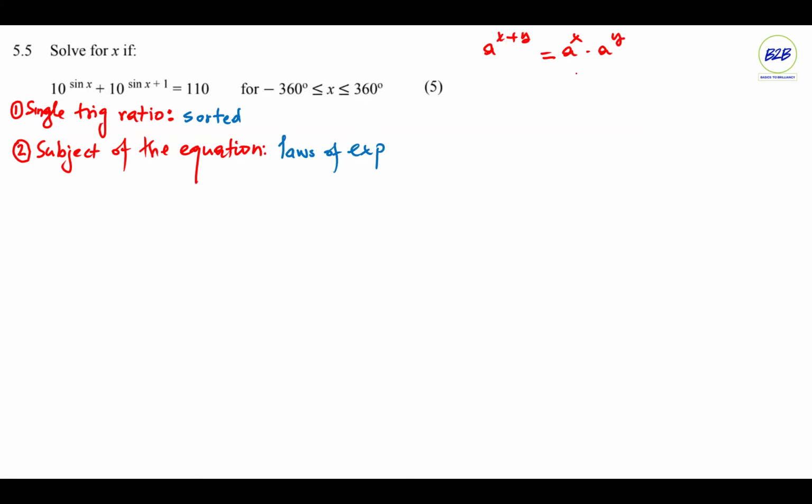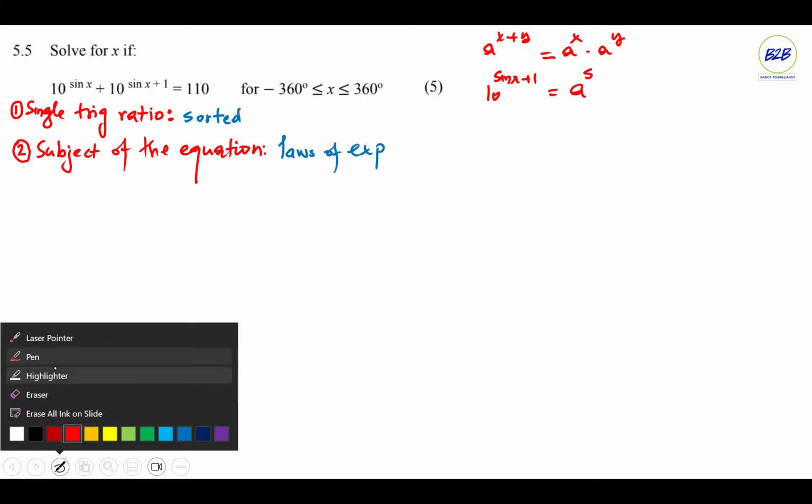We distribute the base a among those exponents. So in the equation that we have here, we have 10 to the power sine of x plus 1. How can we then deal with that? It will be a to the power, no, not a, 10. The base is 10 now.